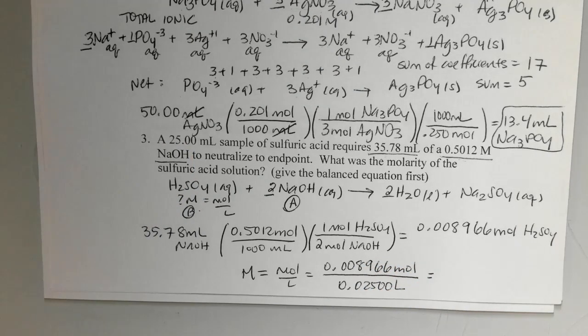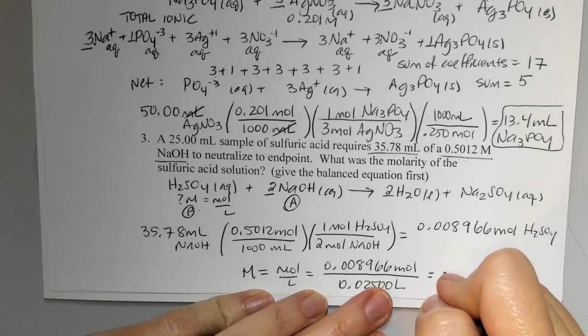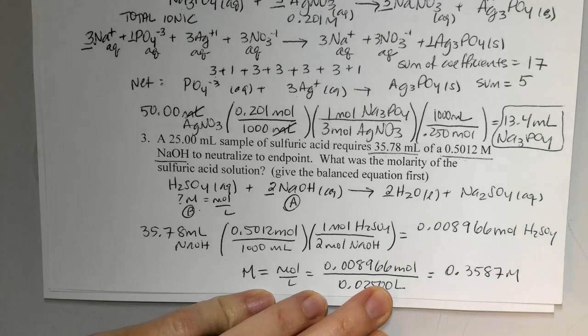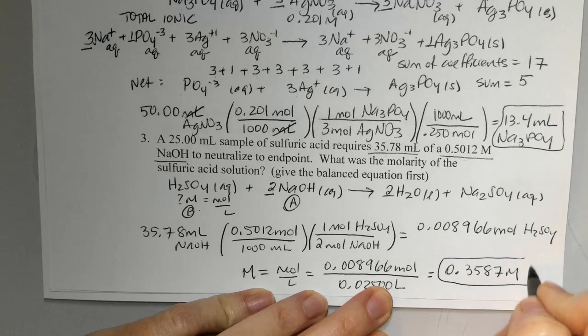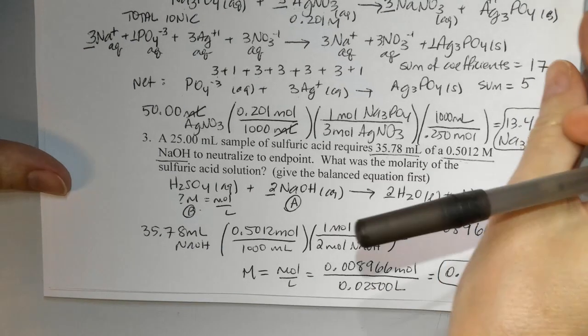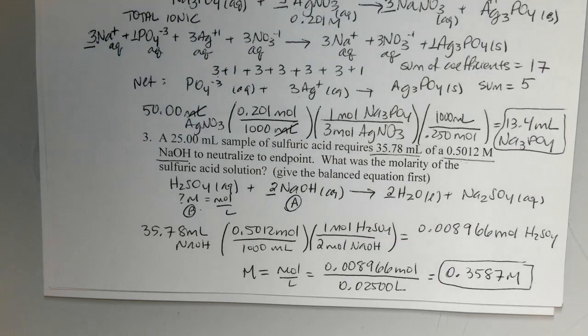And that'll be my moles per liter. So divide my moles by 0.02500, and keeping 4 sig figs, 0.3587 would be my molarity of the H2SO4. All right, so from those questions, that was all chapter 5 content.